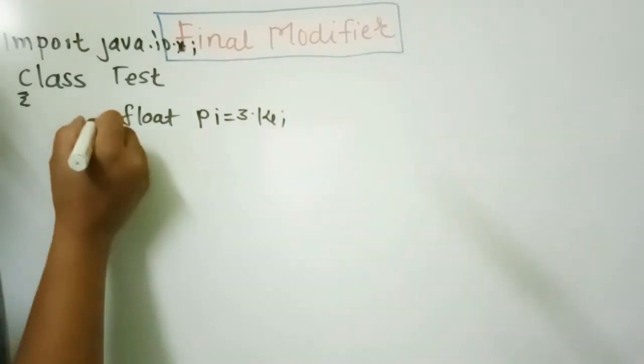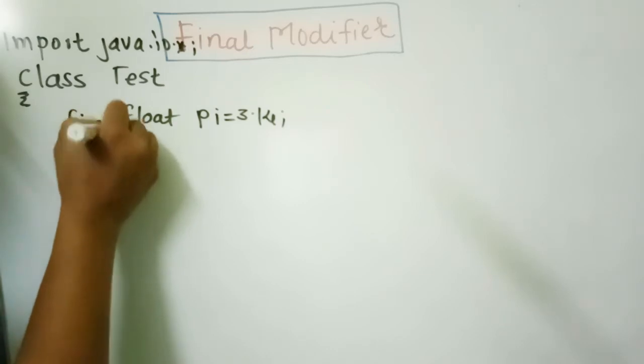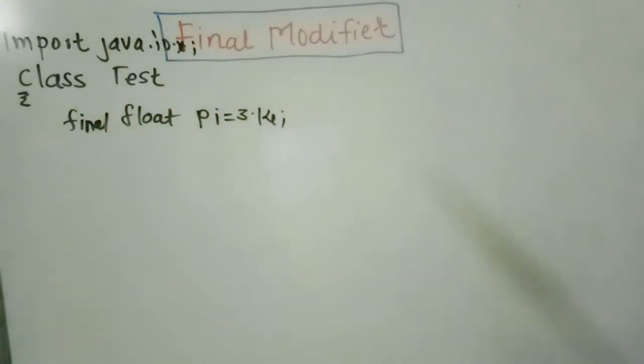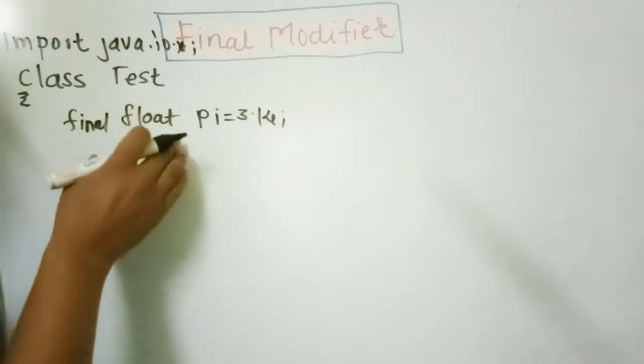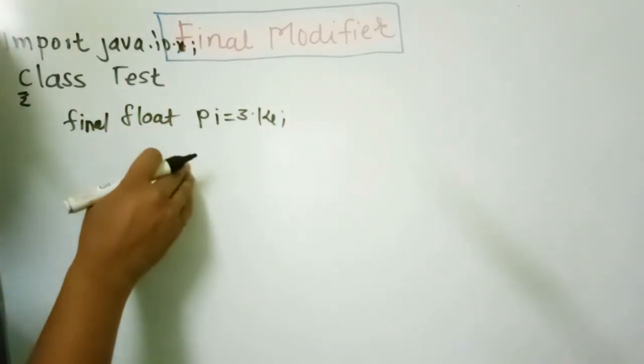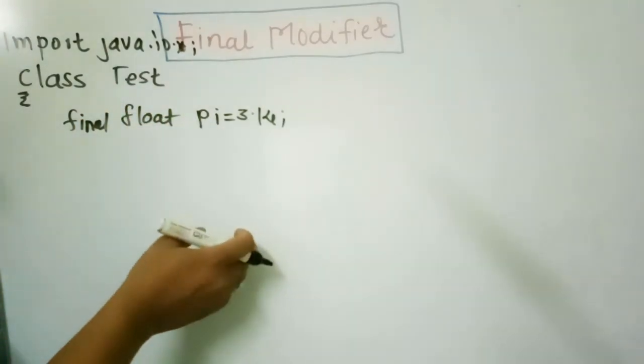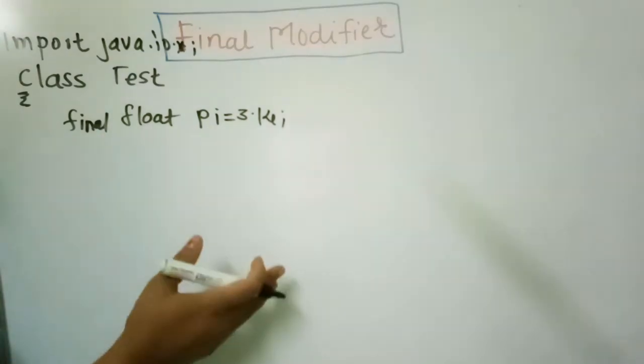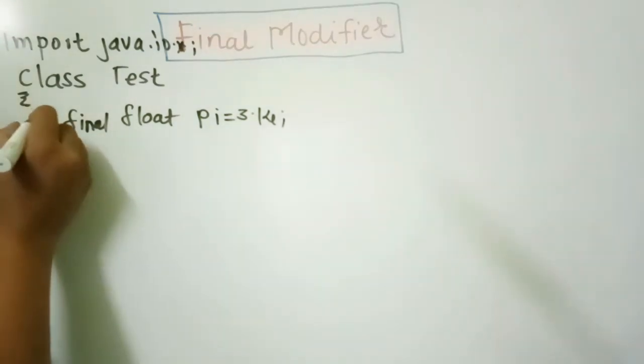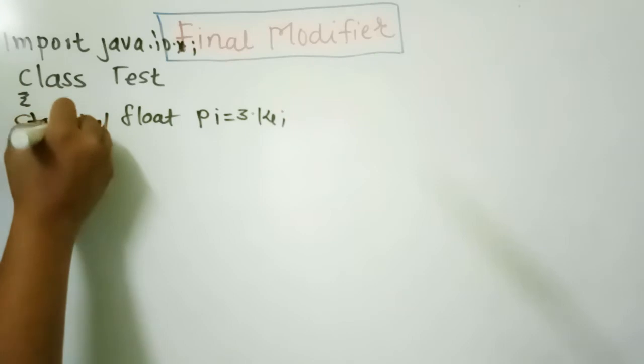So I will make it final float pi equals 3.14. But if I want to make it static, it means it has a specific reserved mechanism, so its value can be carried from one method to another. So I can write static here also.